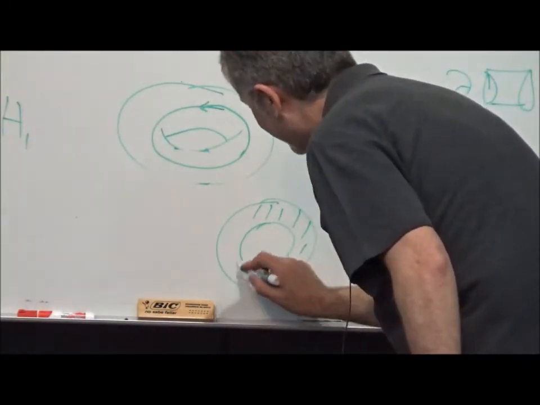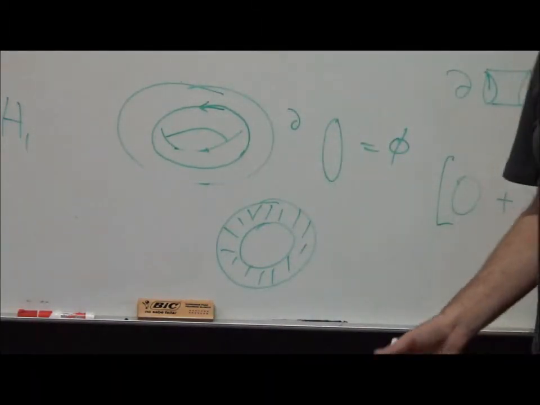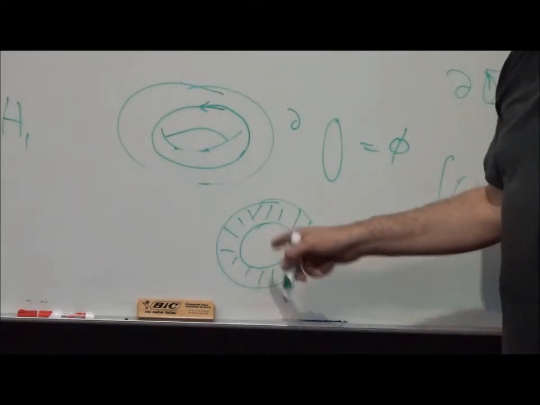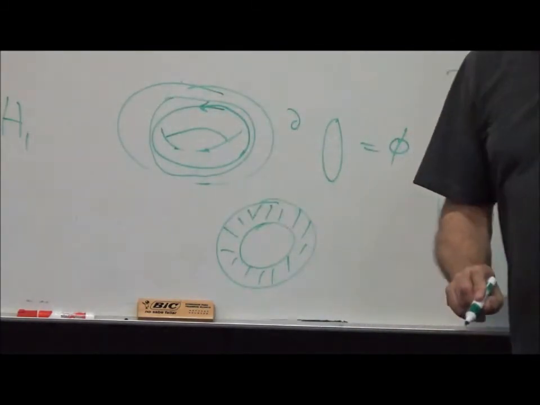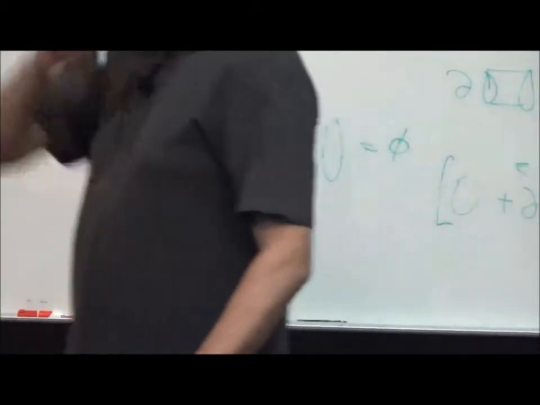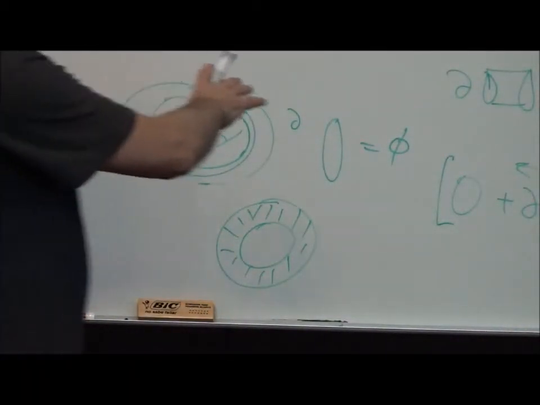These are the 2 circles. This is also a cylinder, it's just I've drawn it in a different way. And therefore the boundary of this object is the difference between that guy and that guy. So as far as we're concerned, if there's a second circle out here, they're the same circle in homology, right? And then you can show that any circle you draw is a sum of the ones that I've just drawn.